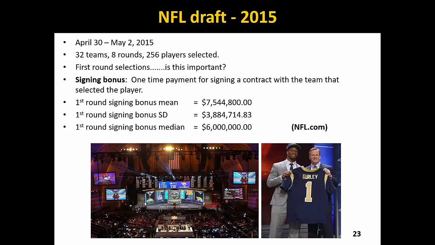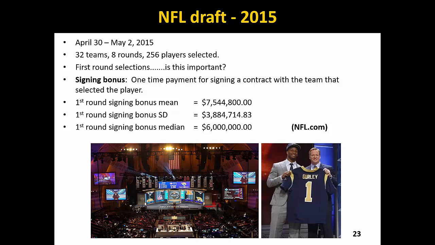The first round signing bonus median was found to be $6 million. So we see a fair sized difference between the median and the mean, suggesting to us that this is perhaps a skewed distribution.